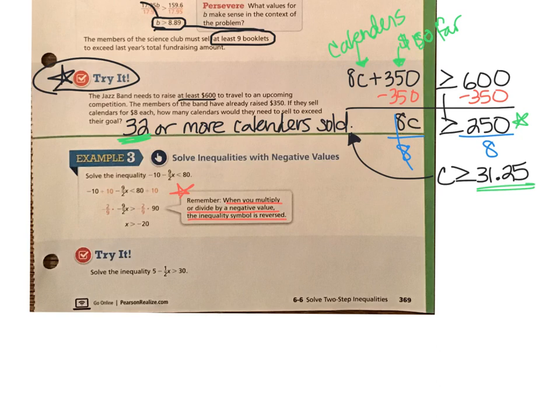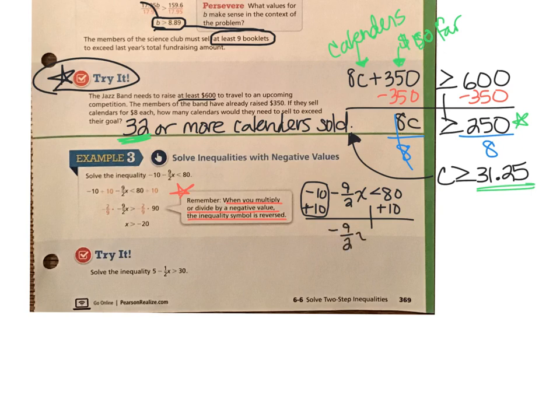Now let's take a look at the example itself. Of course, they do things in their format here where they're doing it horizontally, and I'm going to do it vertically. So negative 10 minus 9 halves times x is less than 80. The first thing we're going to do is add the 10 to both sides, because I need to undo that process. And how I get rid of a negative is I put the positive with it.